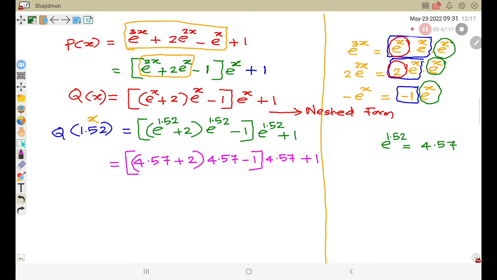All the e power 1.52 we can replace with 4.57. Now we are starting the calculation. One step, one calculation, as I told you.